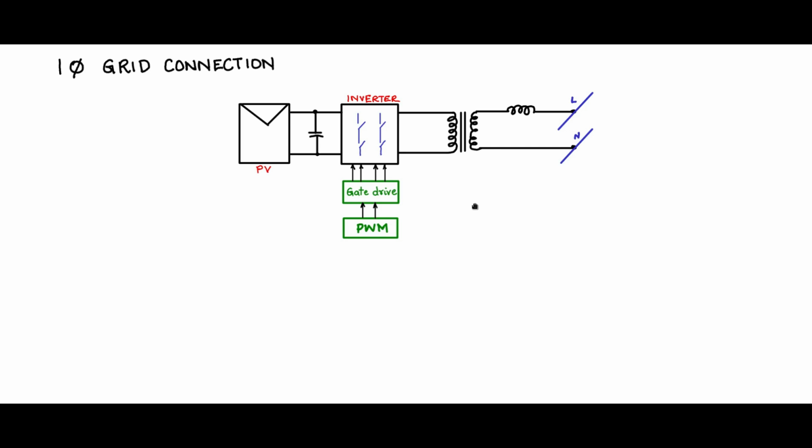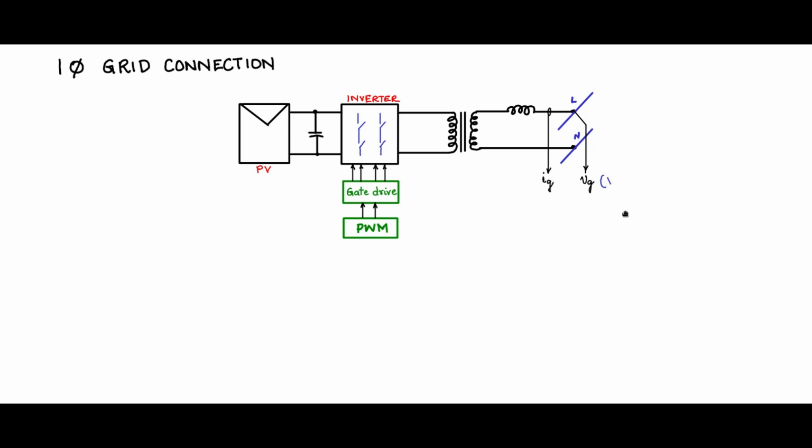Let us now sense the current that is flowing through the inductor into the grid, that we are pumping into the grid. We will call it Ig. And let us also measure the phase voltage across line and neutral, and I will call that one Vg, that is the grid voltage.